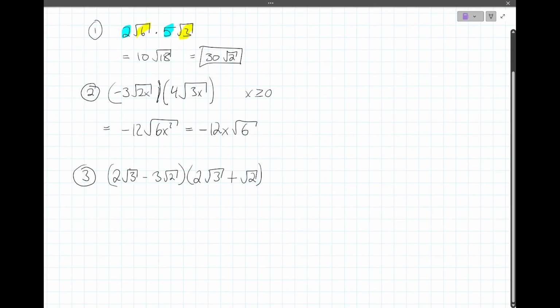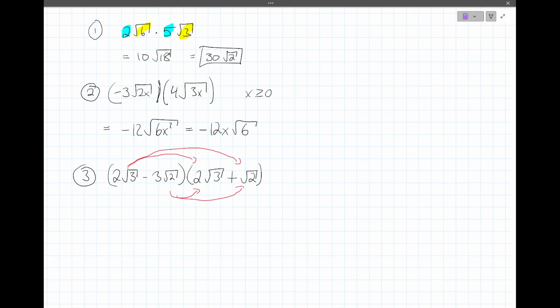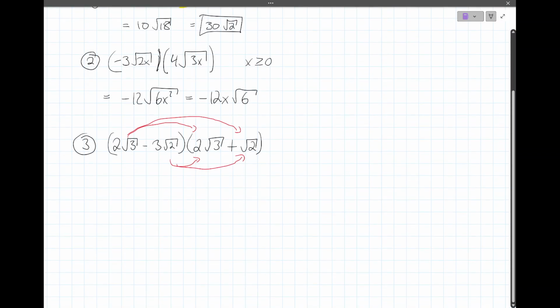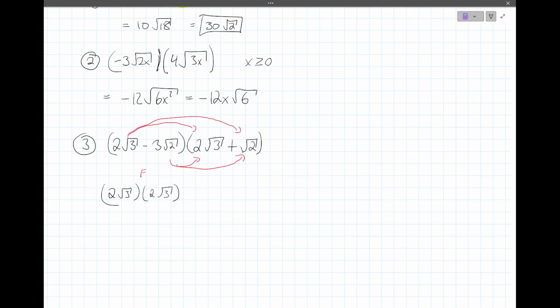I have a binomial times a binomial, so our regular FOILing rules get to apply. So I have 2 root 3 times 2 root 3. That's the first. And then the next one I have is 2 root 3 times root 2, right?